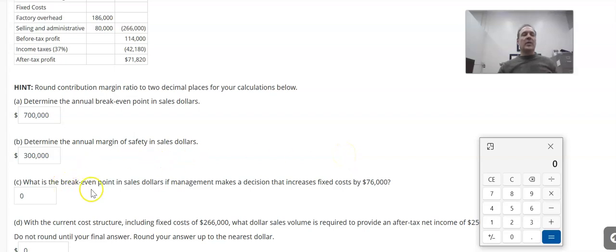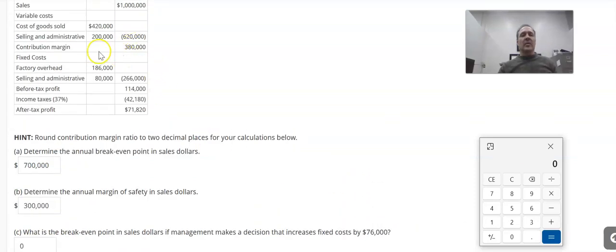So it says, what is the break-even point in sales dollars if management makes a decision that increases fixed costs by $76,000? All right, well, let's go back up here. We haven't done anything here to alter the variable cost percentage. We're only increasing fixed costs. So the contribution margin ratio should remain at 38%.